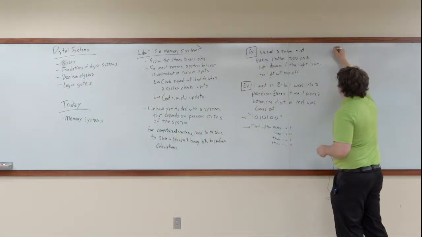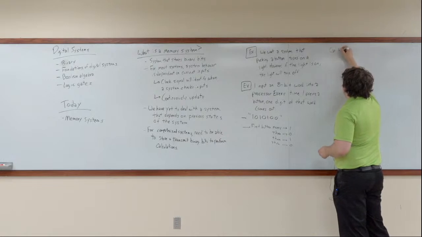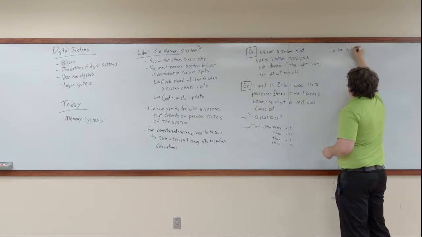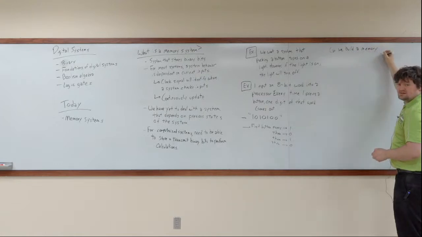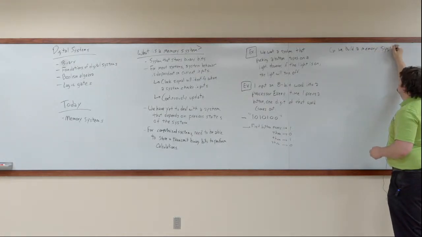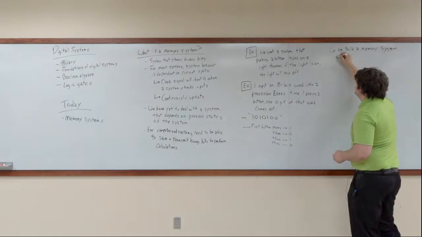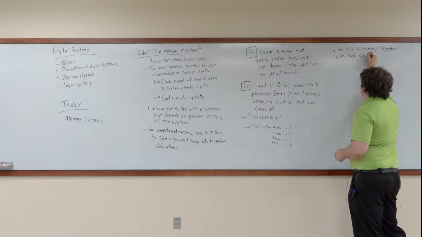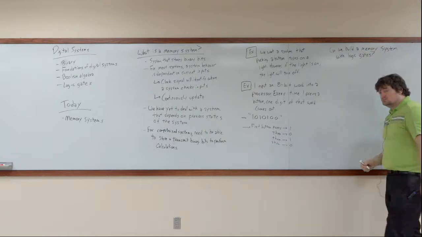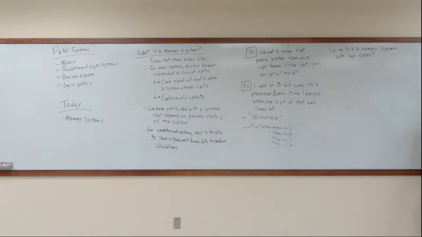So the question becomes, can we build a memory system with logic gates? And the answer to that is yes, because I'm not going to pose a question that is more of a rhetorical question.